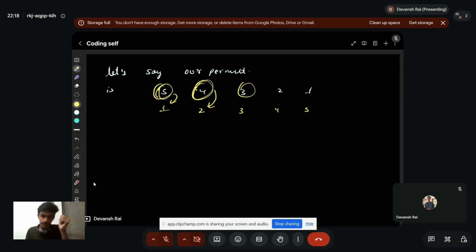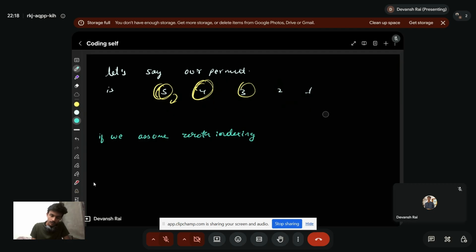So that's the very first thing that we found. If we assume zeroth indexing, these indexes will look like 0 1 2 3 and 4. And after sorting it should be 1 2 3 4 5, right?